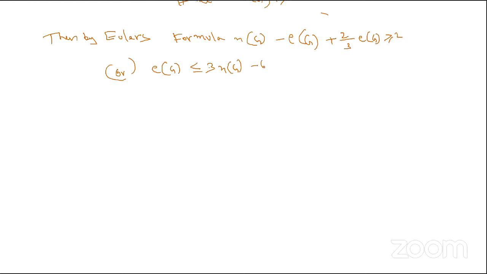That implies E is less than or equal to 3n minus 6, hence proved.